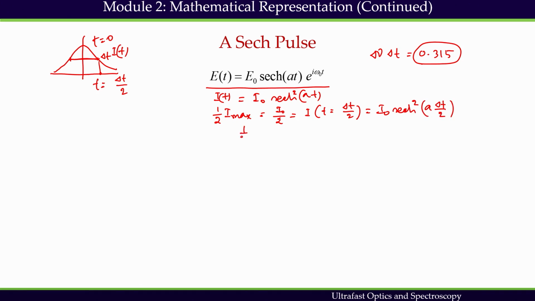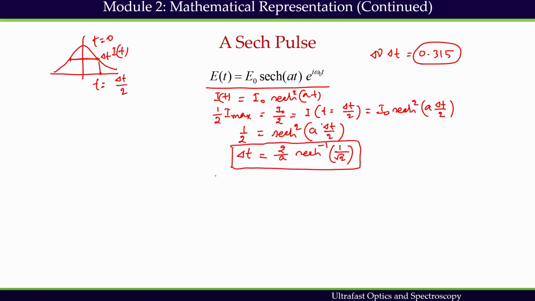Or in other words, half equals sec hyperbolic square of a delta t by 2. Or I can write delta t equals 2 by a times the inverse of the sec hyperbolic function of 1 by square root of 2. So this expression we will keep for future. We'll write it down.